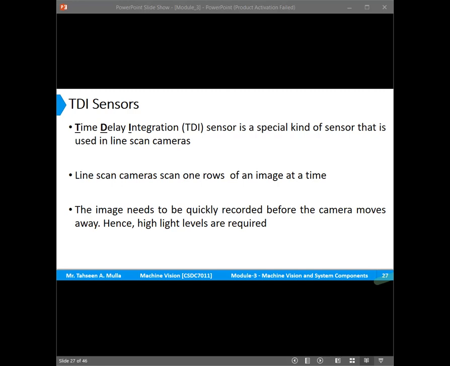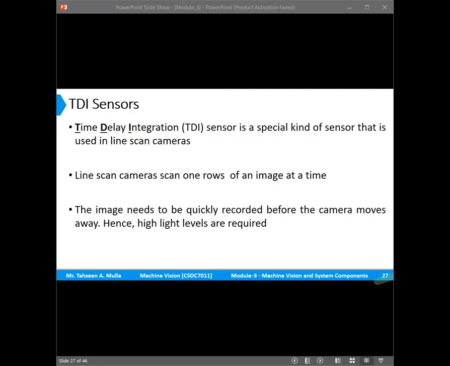Here, in this form, the image needs to be quickly recorded because the camera is moving away from the image. Therefore, high light levels are required. If the light is not proper, it won't go back, because it does not have the capacity to scan the entire image at the same time. It reads the pixels row by row.